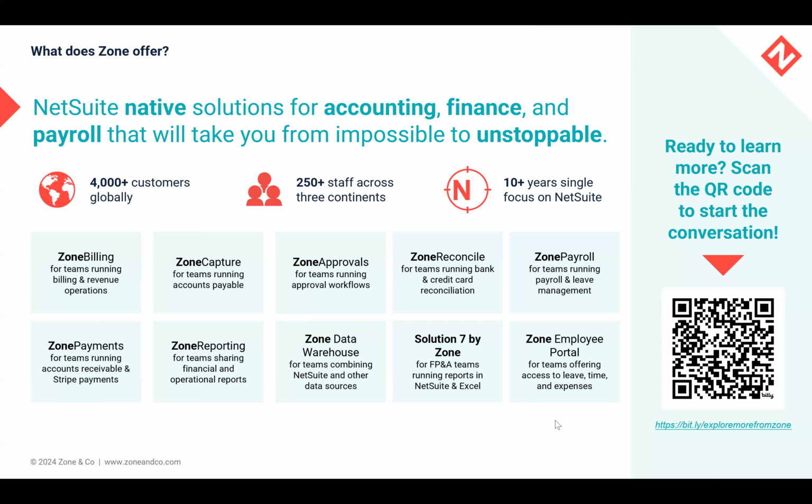Onto Zone Reconcile. Well, guess what? It's 100% inside of NetSuite. And we built it to save time reconciling bank transactions. So instead of manually entering and matching those transactions, we're going to automatically reconcile everything in NetSuite from invoices and credits to payments and expense reports, and create transactions.